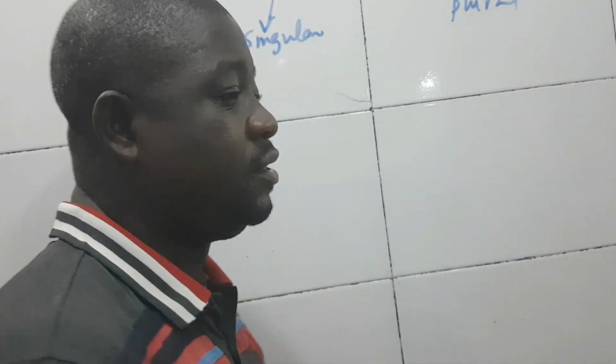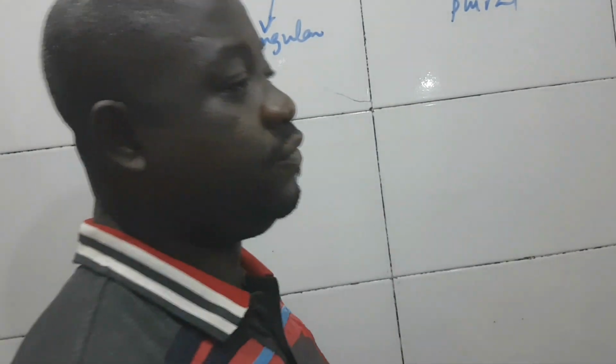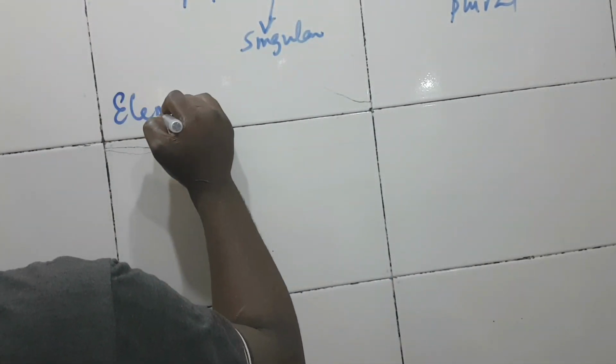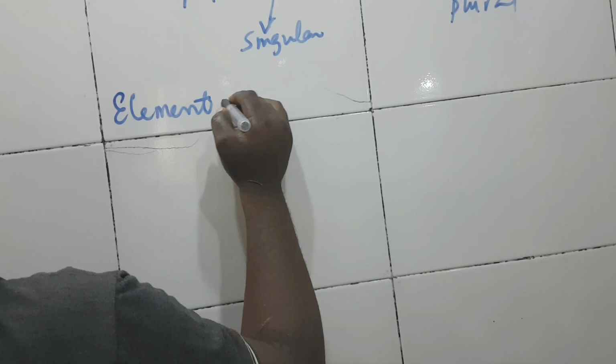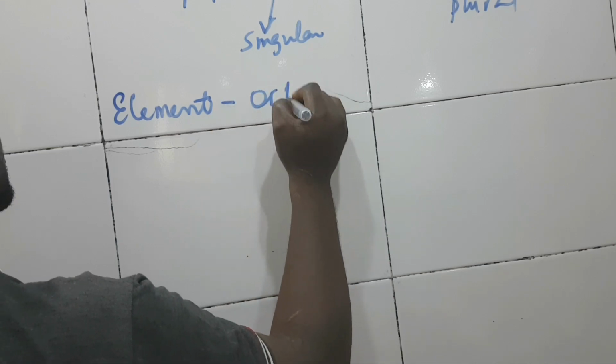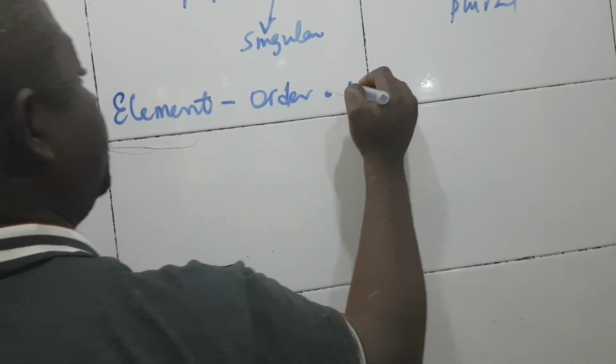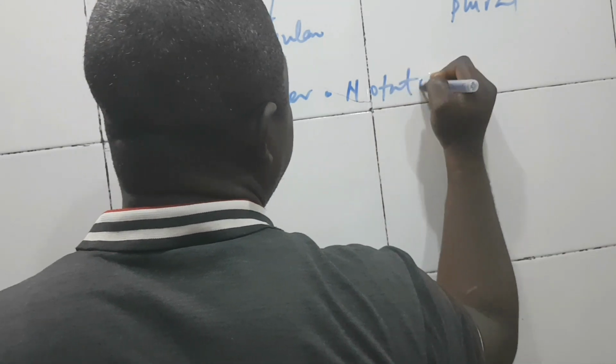Introduction to what? Matrix. Under here we'll be learning the meaning of elements, the meaning of order, the meaning of notation.